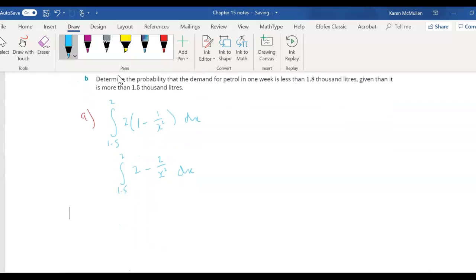All right, so I might just do the antiderivative. So antiderivative of 2 is 2x. Actually, I could have taken the 2 out as a common factor. That's all good. And then minus, so this is, let me just write that as 2x to the negative 2. All right, so we're going to increase our power. So it's going to become negative 1 over negative 1.